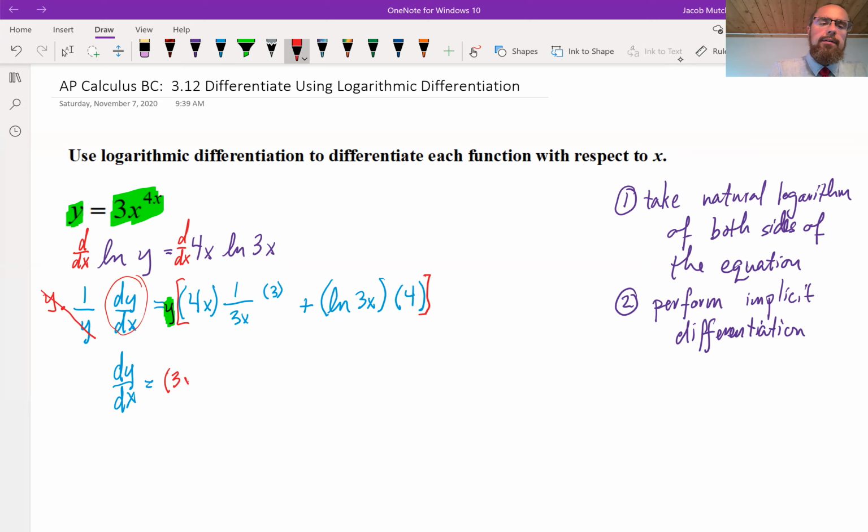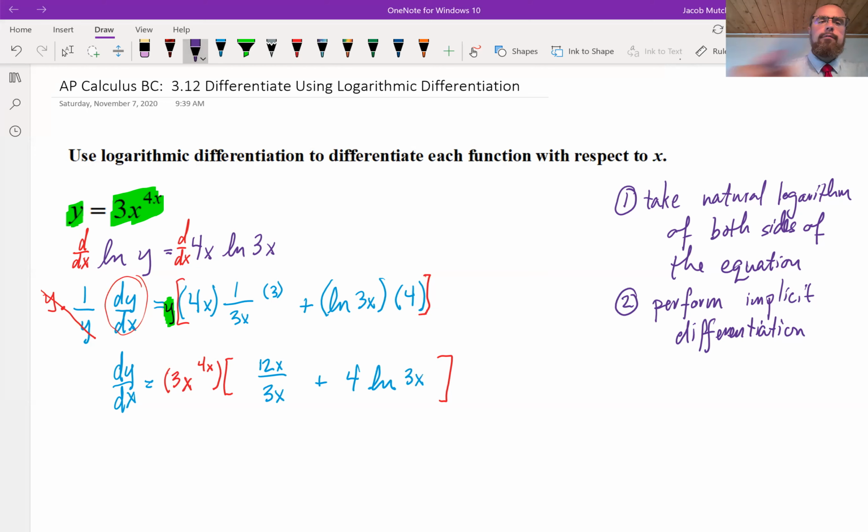So we'll write the substitution: y is 3x to the power of 4x. And then I'm going to write the rest of what we had here, and we'll combine some numerators. So 4x times 1 times 3 would be 12x over 3x, plus 4 times the natural logarithm of 3x.